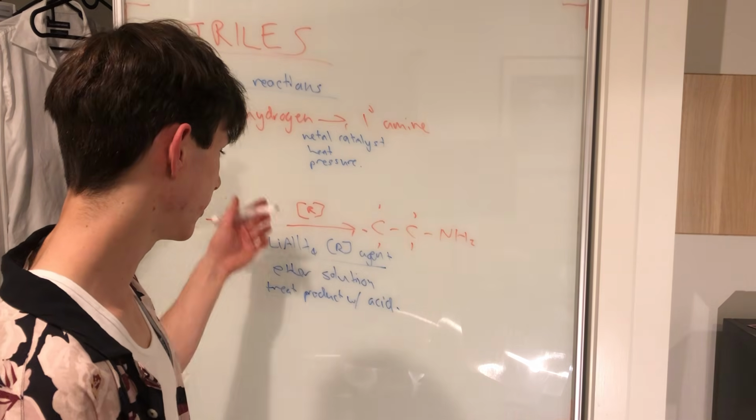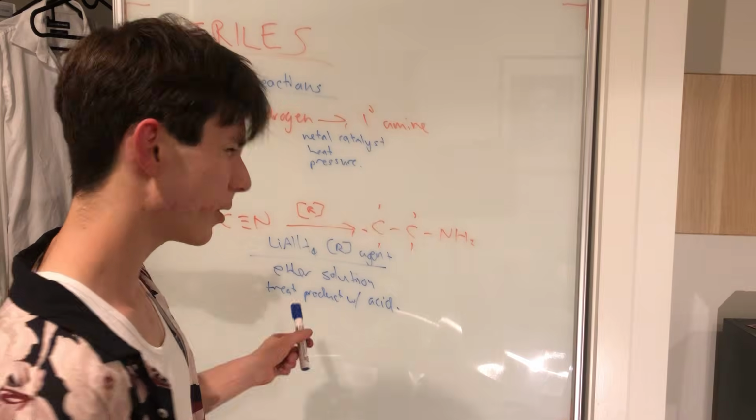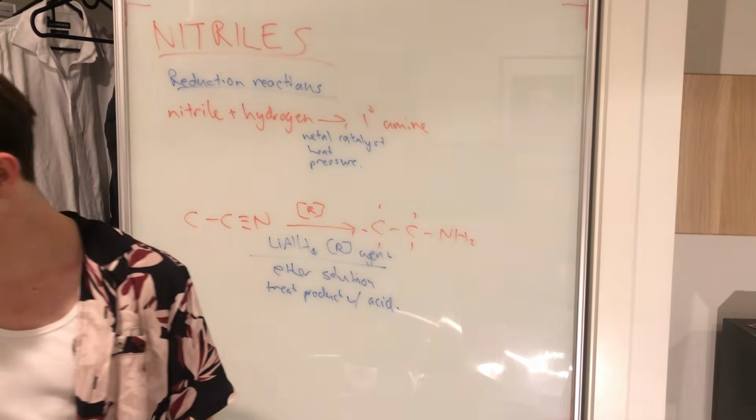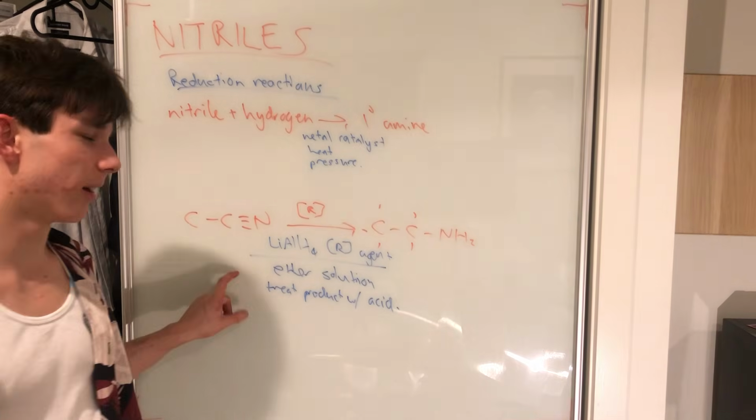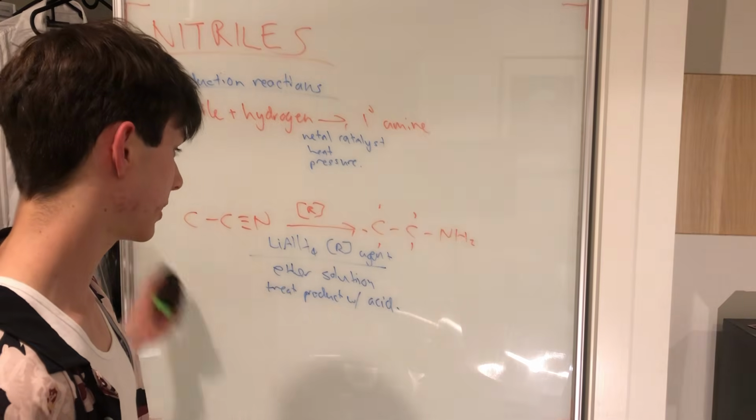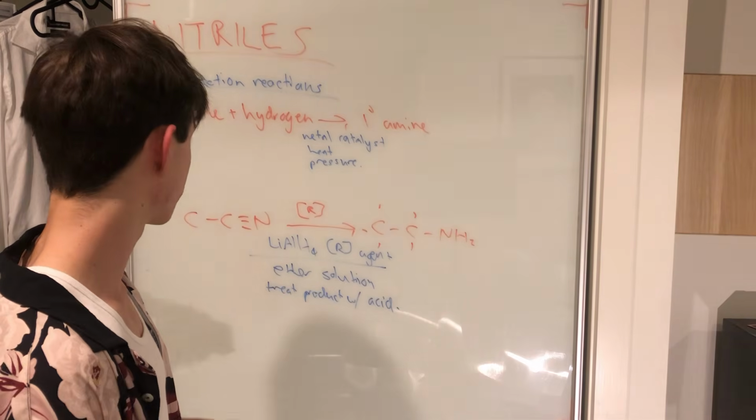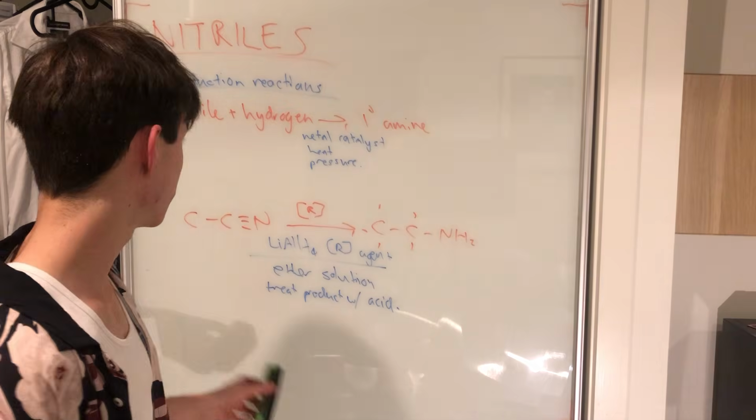Yeah, so a bit involved, not very specific, expensive. I wouldn't bet on having to know that one, but I've just written it there for completeness, seeing as we're going to be here all day.